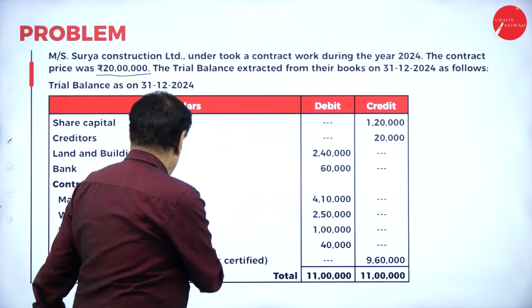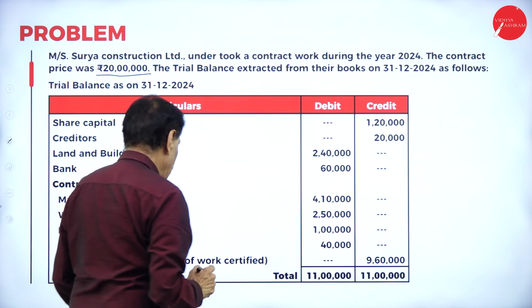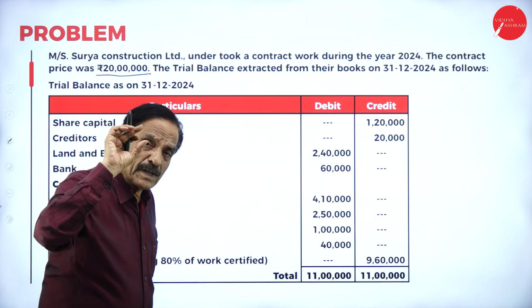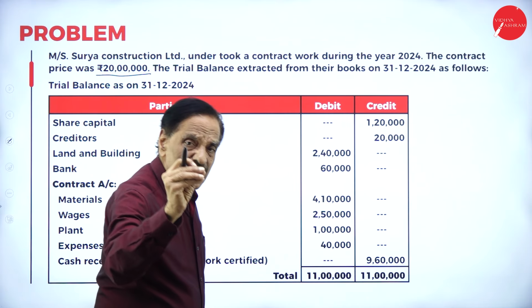If you get 80% of work certified, if you complete the work of rupees 100, they will pay 80 rupees.